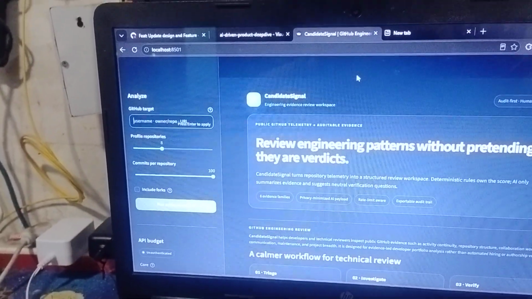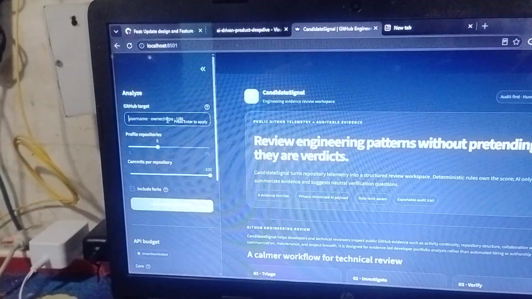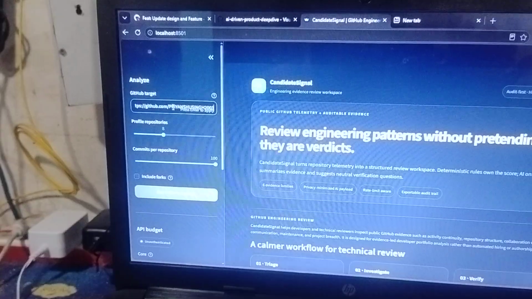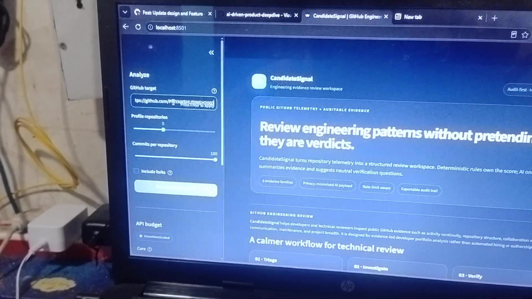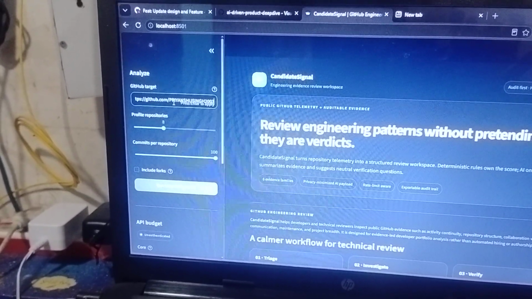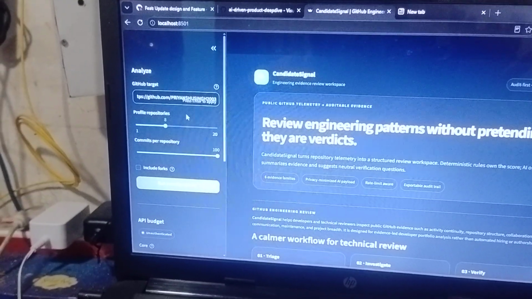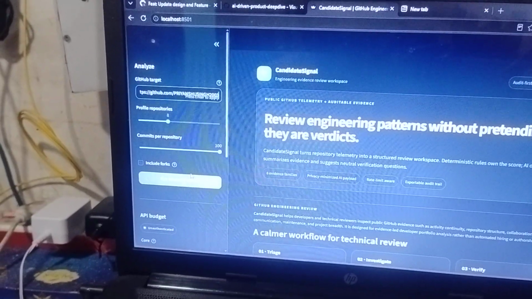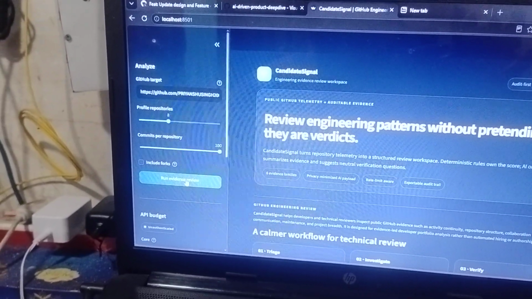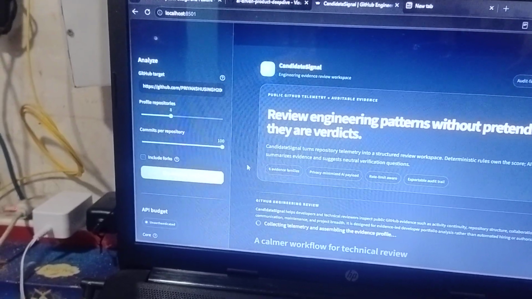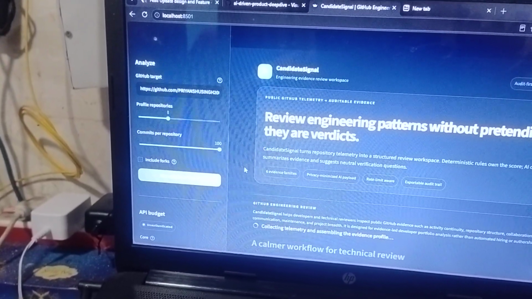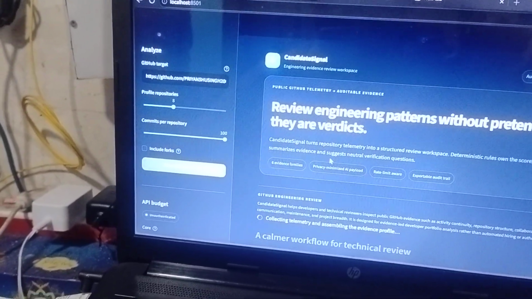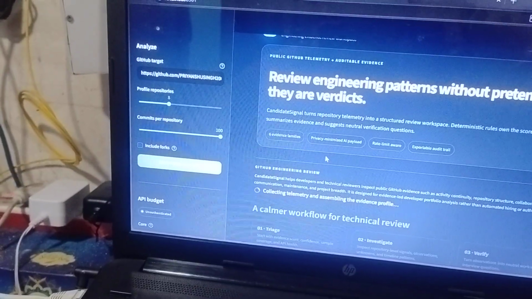Here the reviewer enters a public repo and GitHub profile or a repository. And once CandidateSignal collects the observed telemetry, like activity over time, those signals turn into evidence profiles.